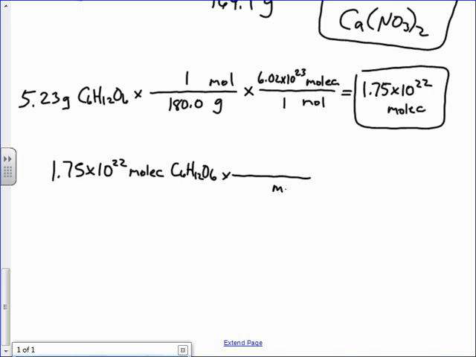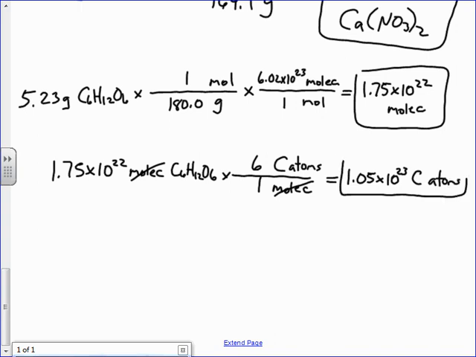And we're going to go from molecules to carbon atoms. Okay? So in 1 molecule of glucose, there are 6 carbon atoms. So all we have to do is take our answer and multiply by 6. And when we do that, we should get 1.05 times 10 to the 23rd carbon atoms.